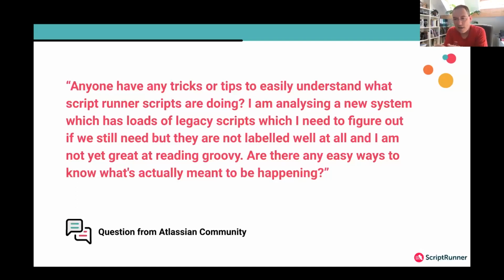If you use that, you get an object back from it, but you don't know what shape that object is. It could be a date or date time. It could be a string. It could be a number. It could be a user. It could be all sorts of things. So always pay attention to what your custom field values are.